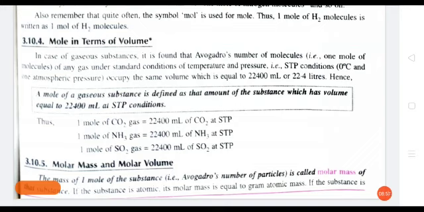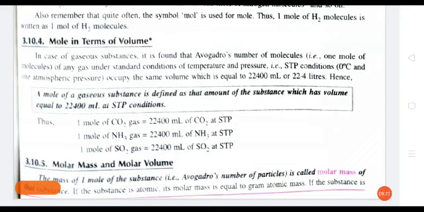Hence, it can be defined as a mole of a gaseous substance is defined as that amount of the substance which has volume equal to 22,400 ml at STP conditions, means standard temperature and pressure condition.